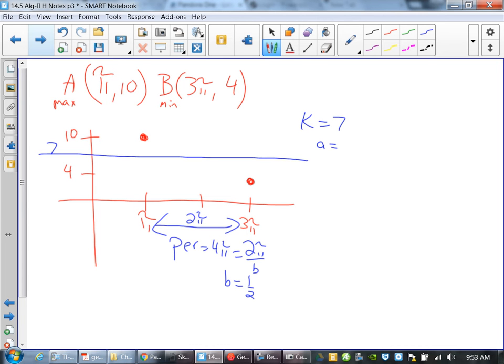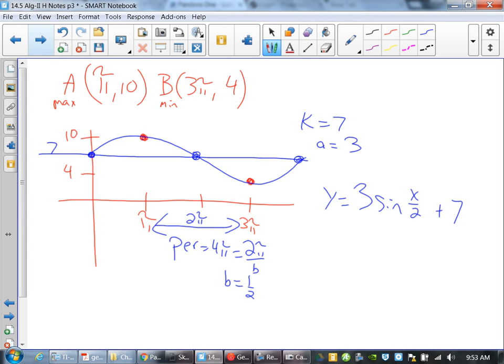We'll work backwards again, and that should end us right here at our zero, because then it would hit it 3 times, which means we're going to use a sine graph. Our a value is going to be positive or negative? Positive. So it'll be a 3. So we have y equals 3 sine x over 2 plus 7.